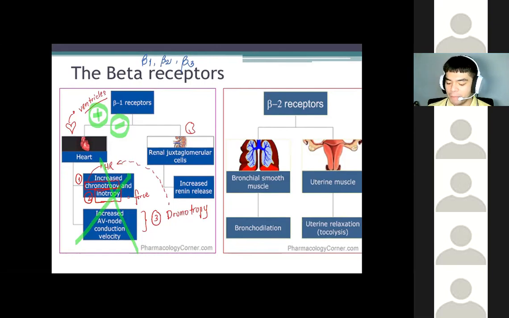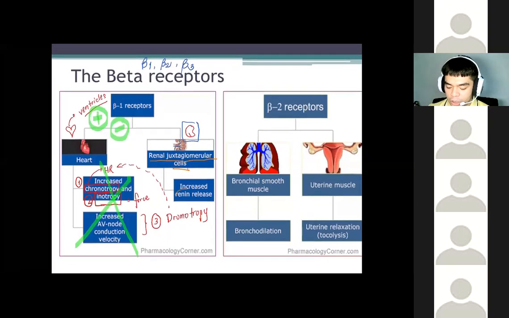Next, meron din beta 1 receptor sa ating kidneys. In particular, we can observe beta 1 receptors in the kidneys in the juxtaglomerular cells. Ang juxtaglomerular cells, they store a specialized enzyme, and that is the enzyme called renin.